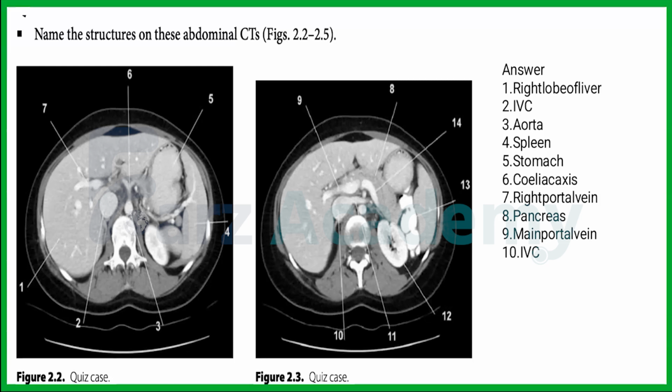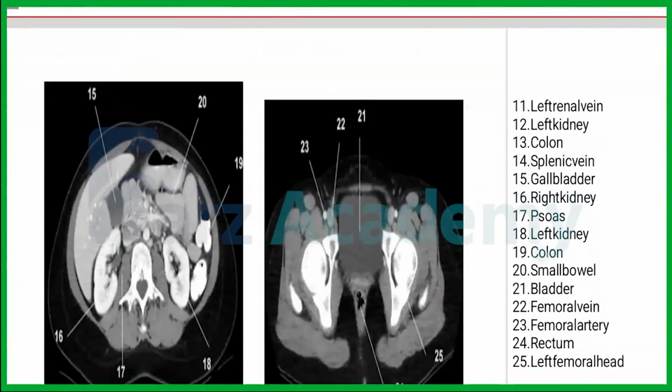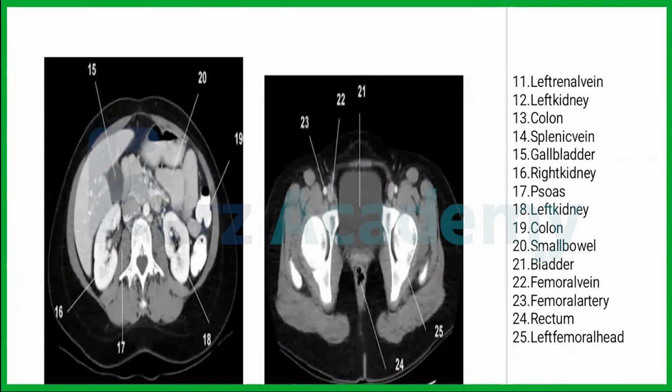And second slide, please. In the second slide, there is another cut section where you will see both the kidneys, liver, gallbladder. Then the 15th, 16th number is your right kidney.